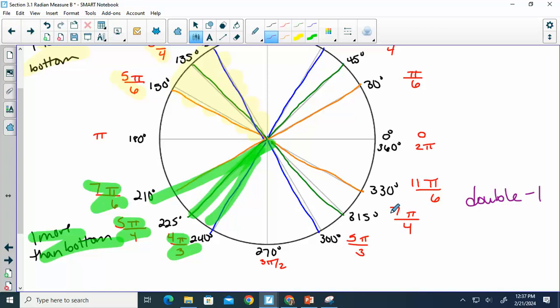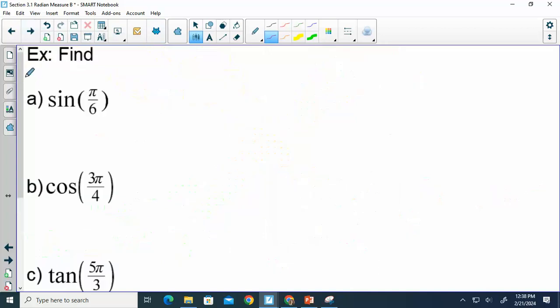So let's look at some problems. We're going to do the same thing that we've been doing in degrees, except we'll look at it in radians. Right.